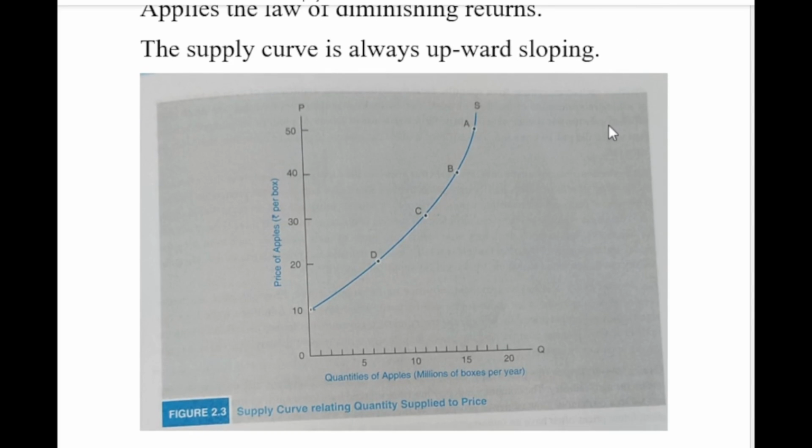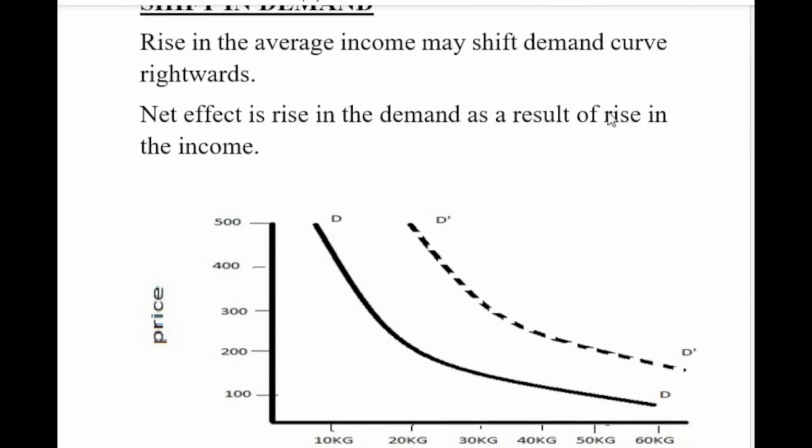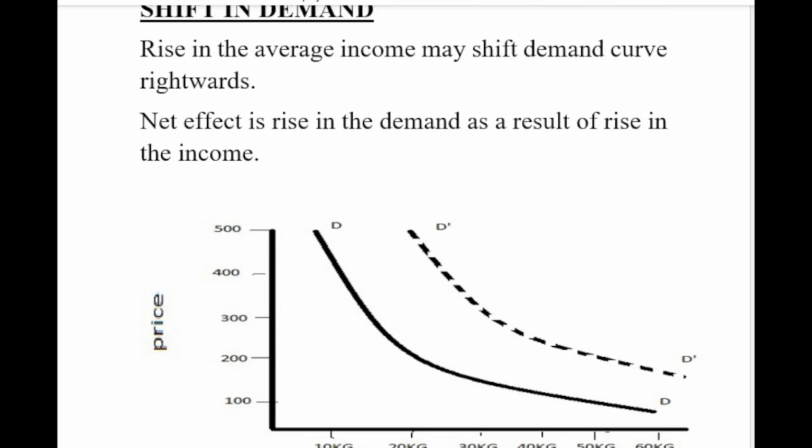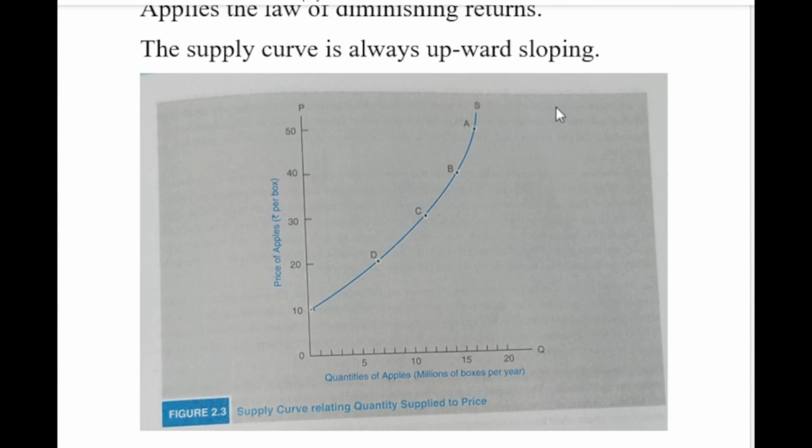If we draw the supply curve, the demand curve slopes downwards from left to right, but the supply curve rises from left to right, in an upward direction. The price is measured on the y-axis and the quantity of apples is measured on the x-axis. You can see that at the price of 10 rupees, nothing is supplied.